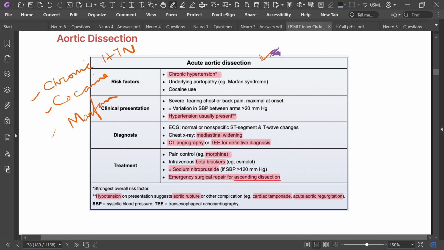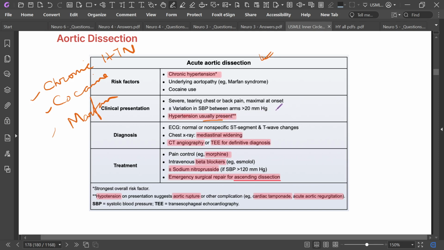Aortic dissection risk factors are chronic hypertension, the number one cause, an underlying aortic disease like Marfan disease, and cocaine. Hypertension is usually present.